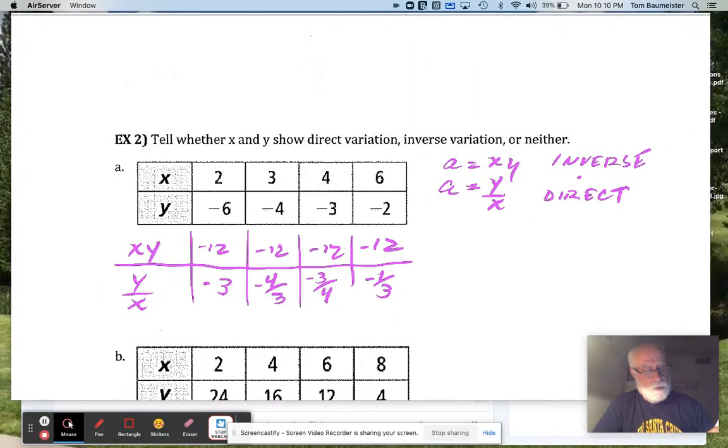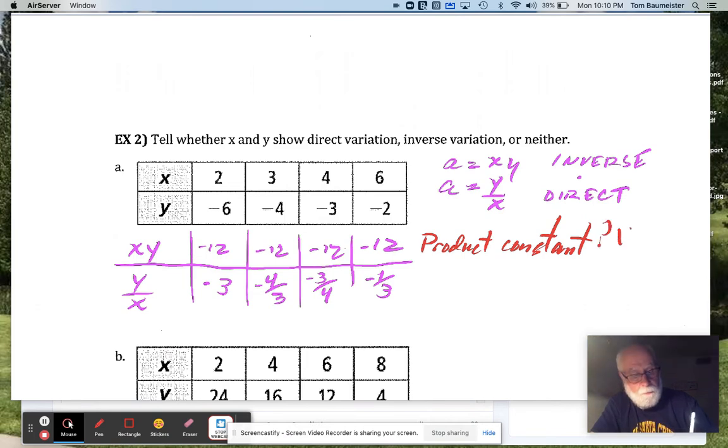So now, just again, you're asking yourself these questions. Is the product constant? Yep, because it's negative 12 every single time. So we can say yes on that. Are the ratios constant?